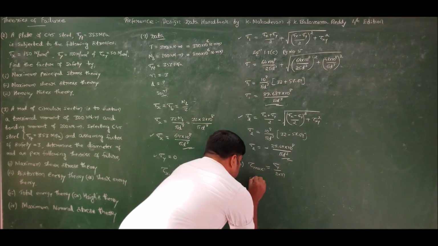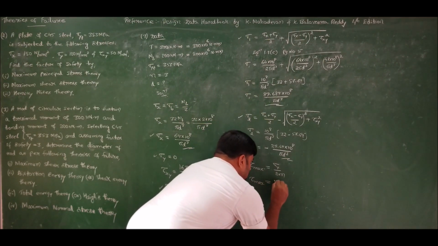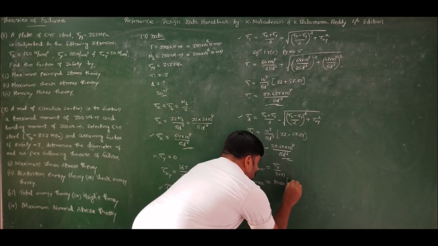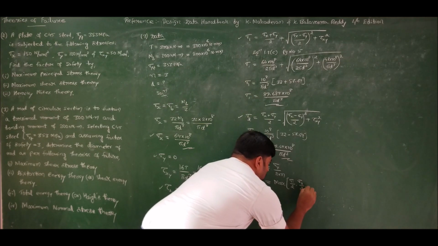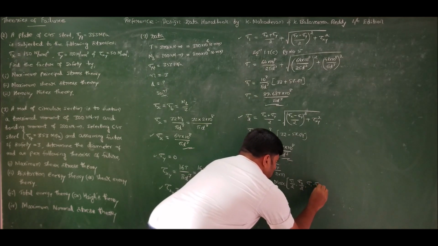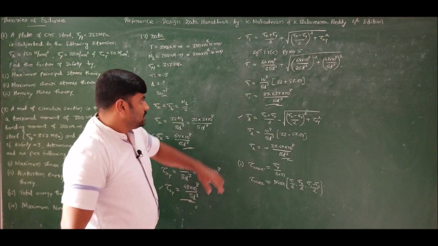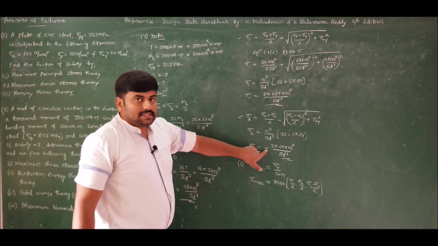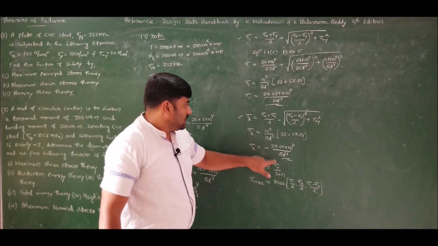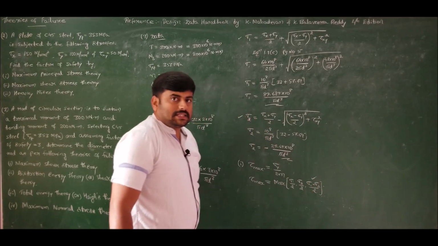And from theories of failure we know that tau max is nothing but the maximum value of sigma 1 by 2, or sigma 2 by 2, or sigma 1 minus sigma 2 by 2. So if you carefully observe, maximum principal stress is positive, minimum principal stress is negative, hence minus of minus will become plus. So therefore I will get sigma 1 minus sigma 2 by 2 as the maximum value.